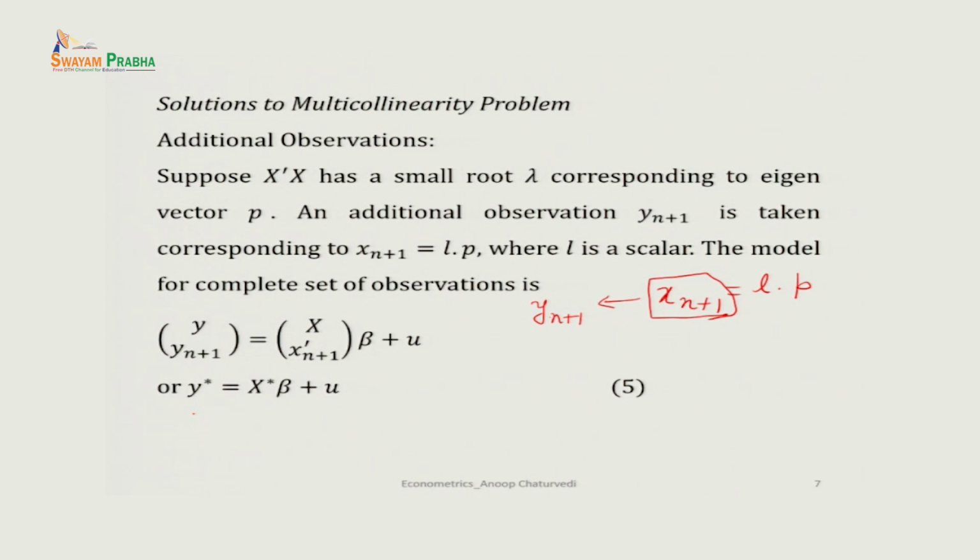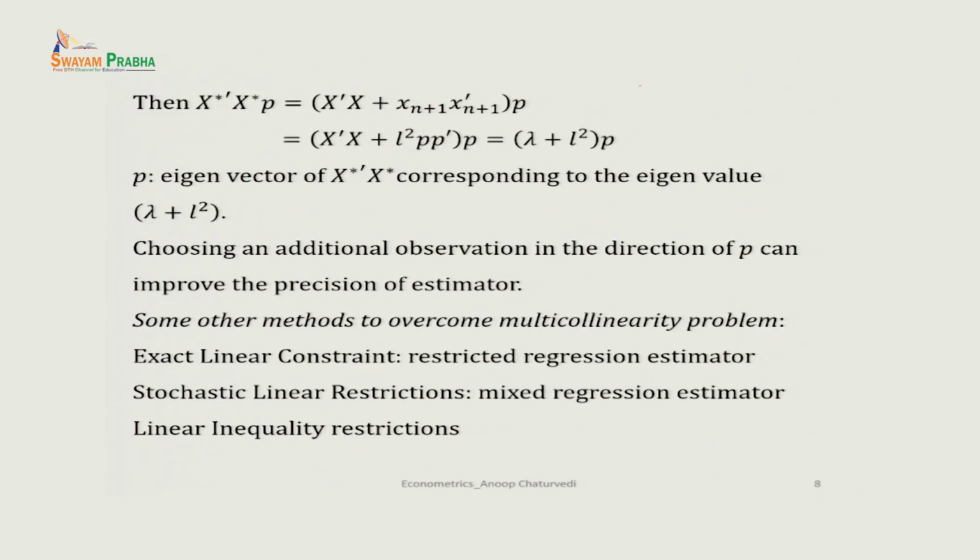Now, we apply OLS to this model. Now, if you take x star transpose x star, then this is equal to x transpose x plus x n plus 1 x n plus 1 transpose.